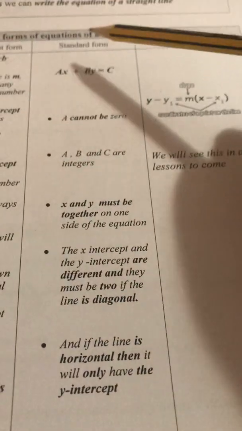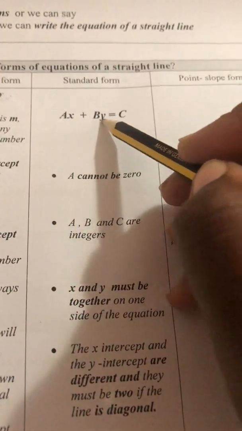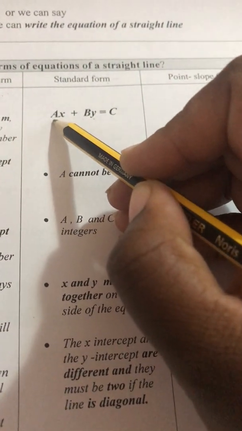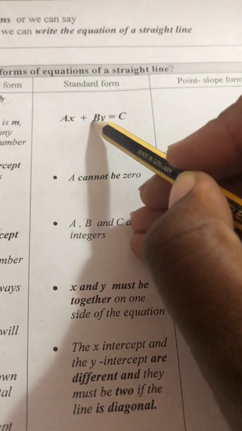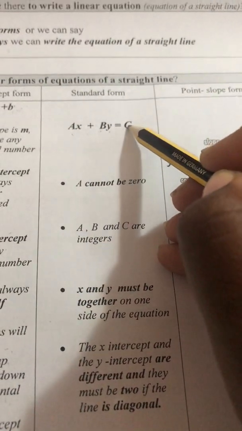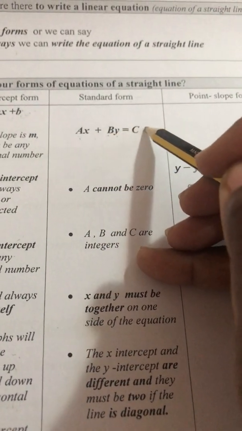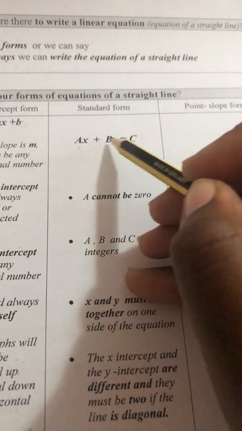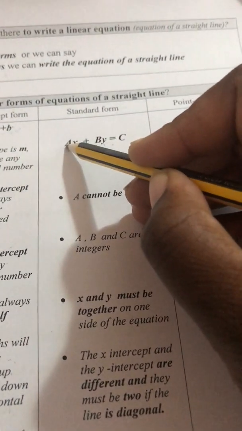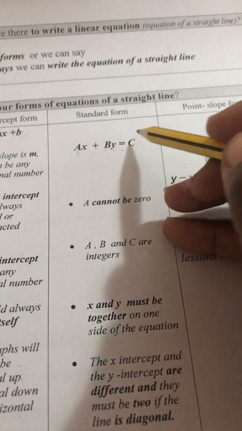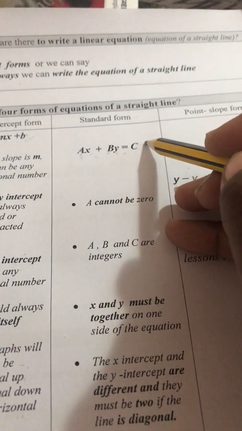All right, so then you have the standard form. How is it written? Ax plus By is equal to C. Capital A, don't write small a, capital B, and capital C. Do not write small a, b, or c. x and y must be small letters. A cannot be 0. Any other one can be 0. B can be 0, C can be 0.